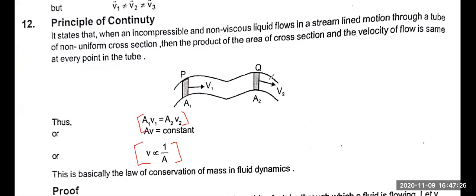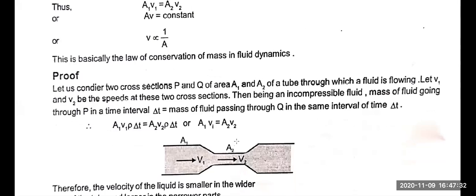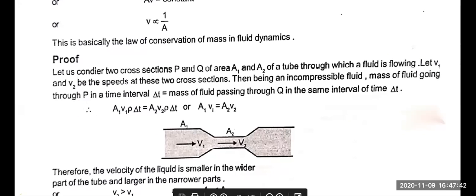But if I want to prove it, I can prove it easily. As per the definition, I'll equate the amount of water flowing through this at any point of time. The mass of fluid in any time delta t: A1 X1 rho, volume into density, is equal to A2 X2 rho.